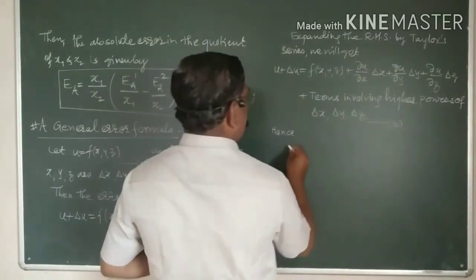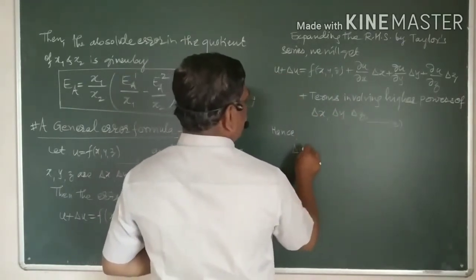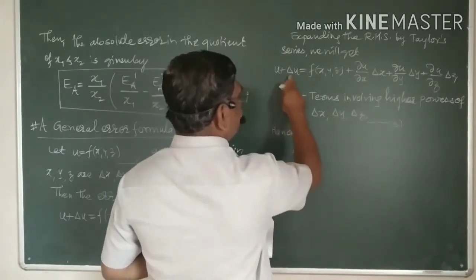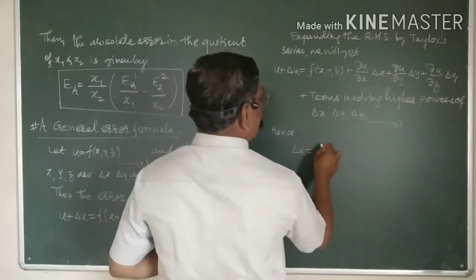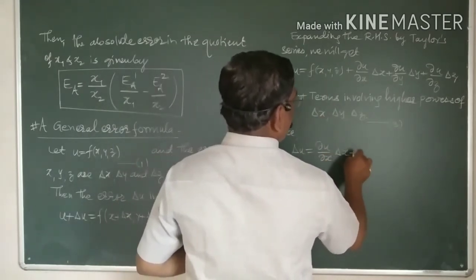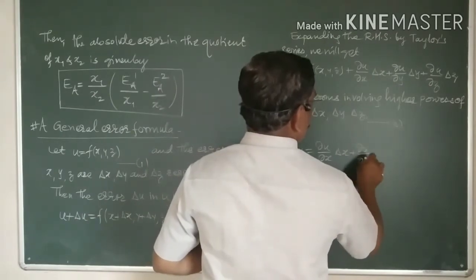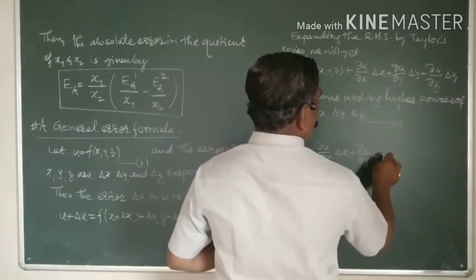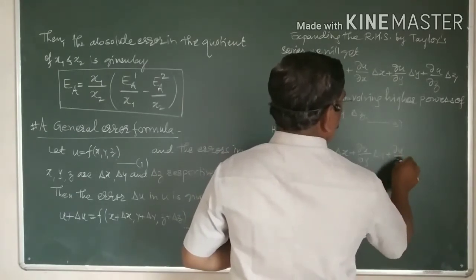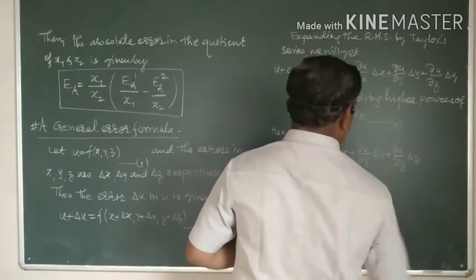Hence, del u is equal to del u by del x, del x plus del u by del y, del y plus del u by del z, del z.